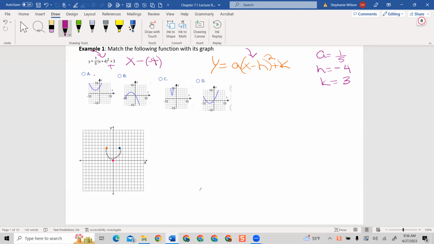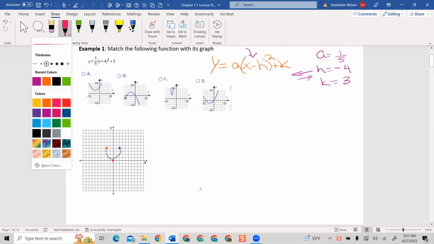So right now we know enough to determine what happens. If h represents my x value, then x will determine if we move to the left or to the right.